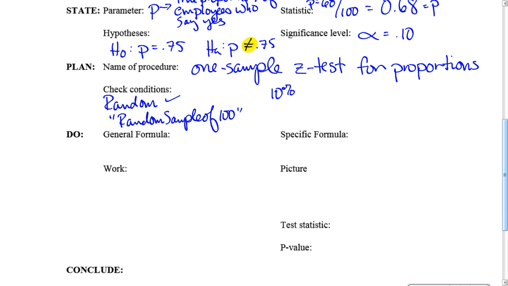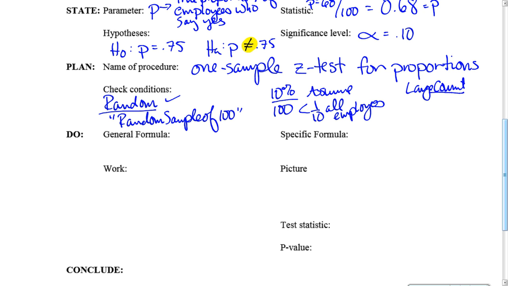So we are going to assume that 100 is less than 1/10 of all employees. And last but not least, large counts. Can we treat this as normal? So again, n times p.